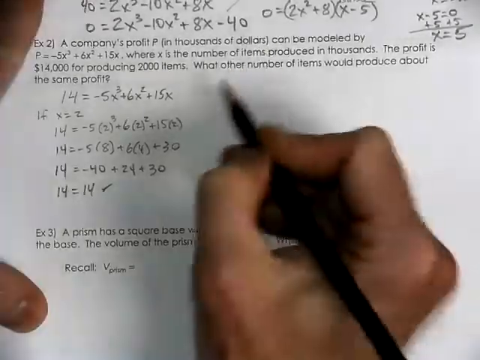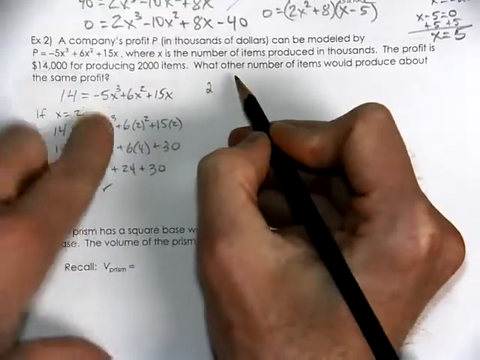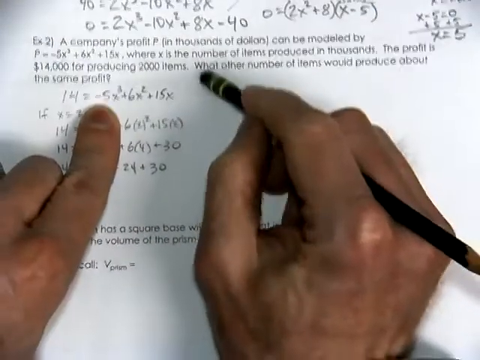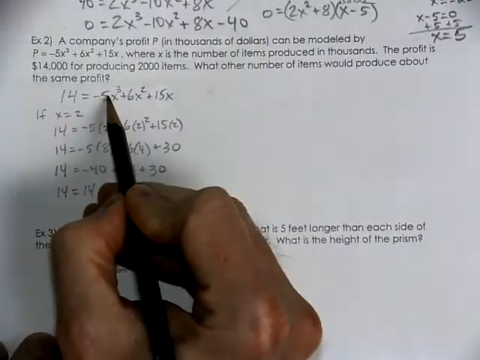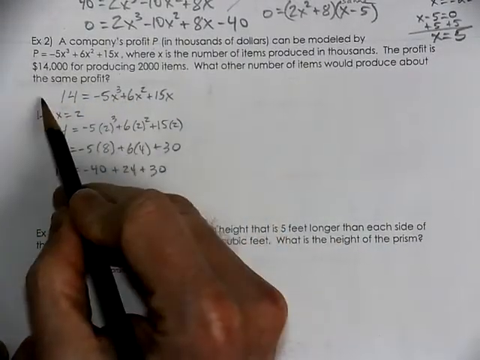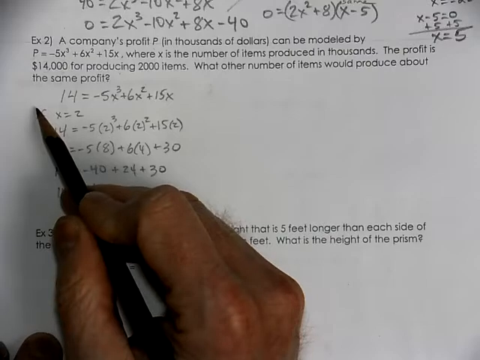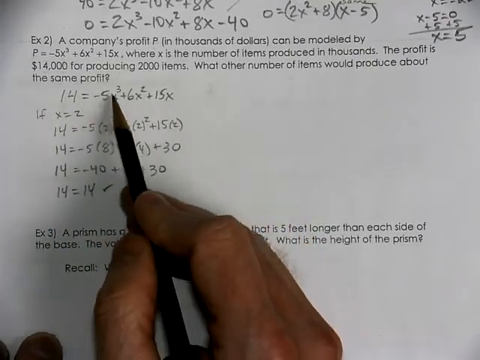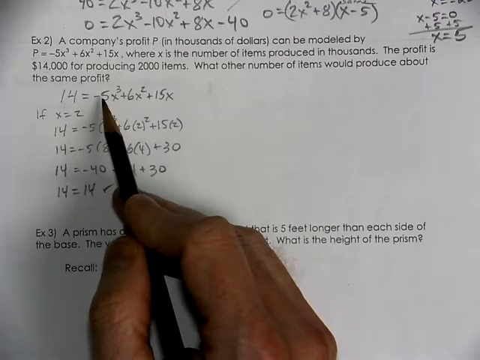So, if you would use synthetic division, before we do that, we're going to move the 5 over, the 6 over, and the 15 over. I don't want to move the 14 over, because I don't like a leading coefficient to be negative.